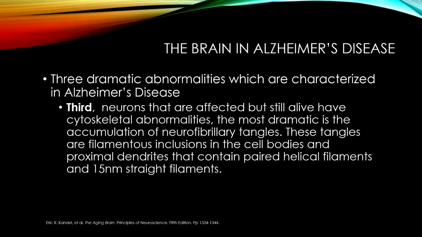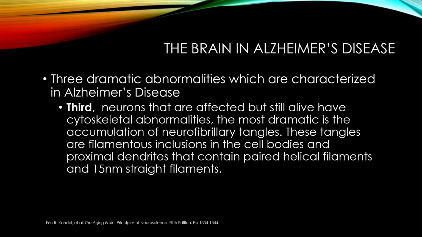All right. The third, your neurons that are affected but still alive have cytoskeletal abnormalities. And the most dramatic is the accumulation of your, okay, I always get this wrong, neurofibrillary plaques or tangles. And sometimes you hear it called the tau tangles, T-A-U.